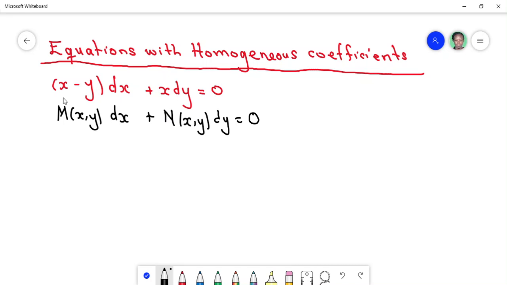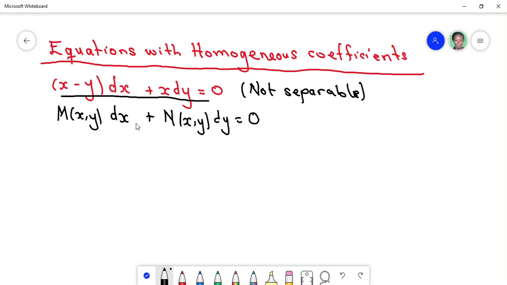So we want to solve this differential equation. Let's say it is not separable, so I can't use the method of separation of variables. So I want to check if the coefficients of this differential equation are homogeneous.